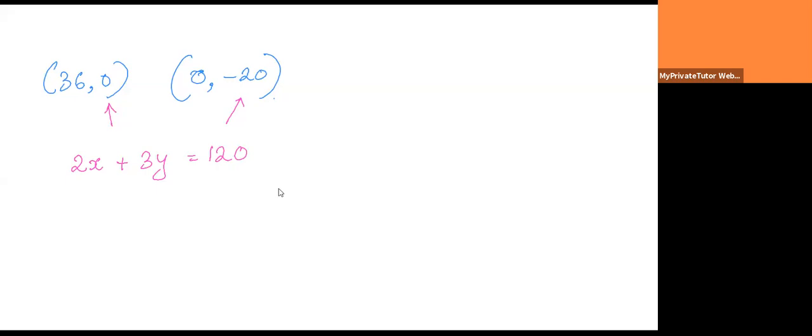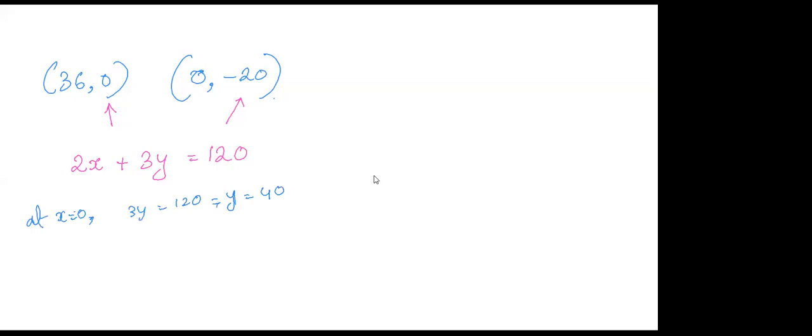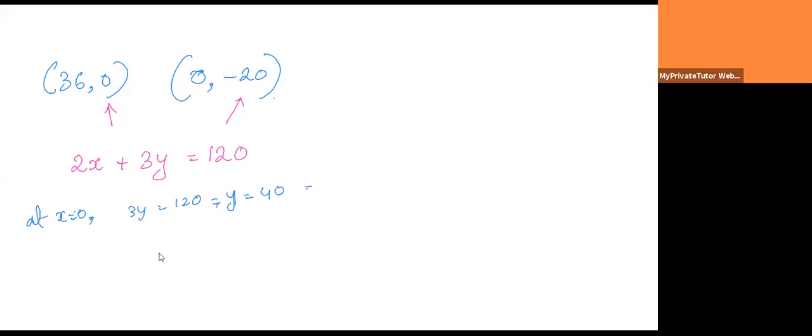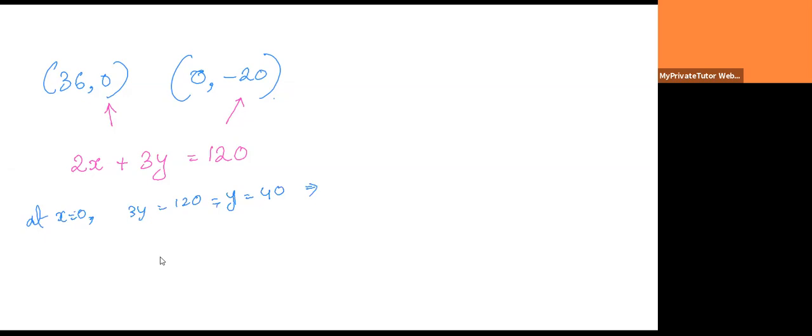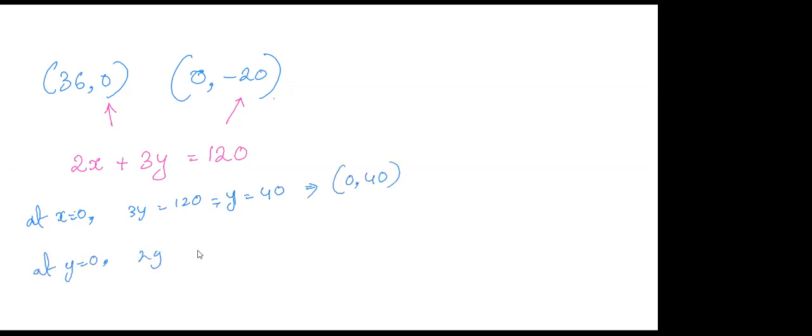At y equals 0, 2x equals 120, x equals 60. So here we got 60. Yeah, the x-intercept is 60, 0, and the y-intercept is 0, 40. That's what you said, right?